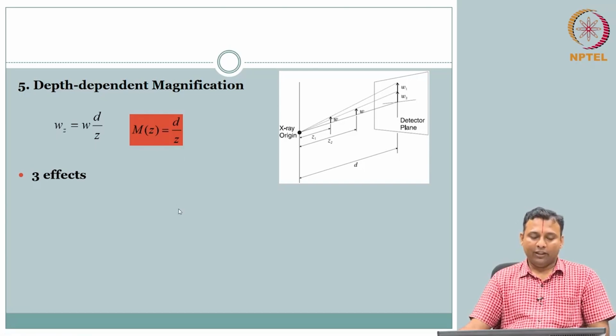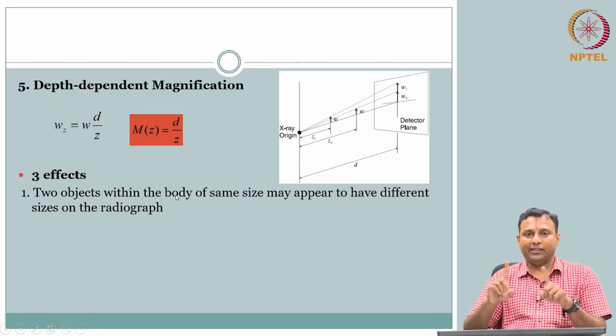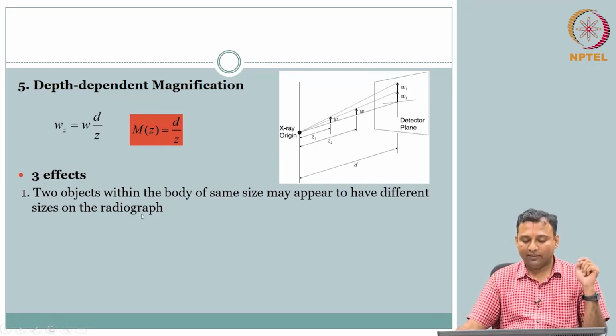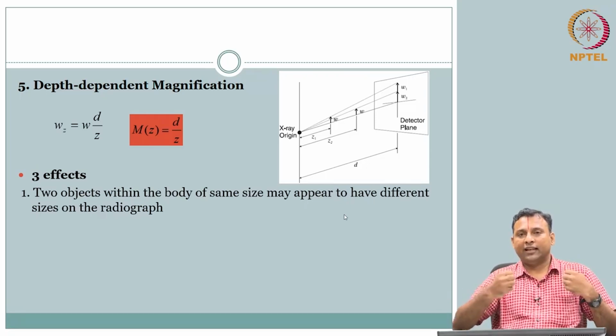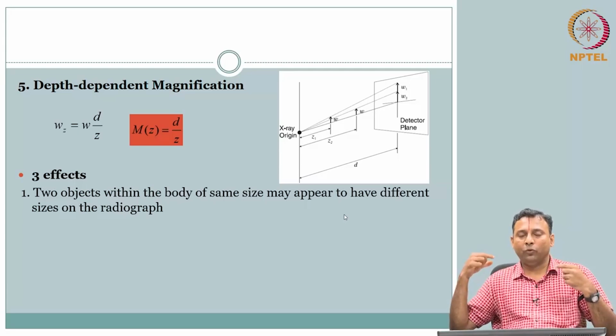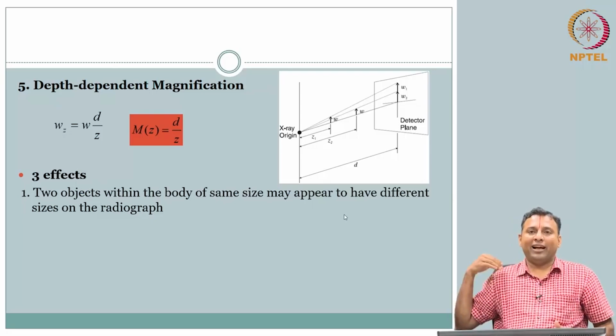One we talked about. Two objects within the body of the same size can appear at different sizes depending on where they are. If you recall our introduction slides in image quality, we had a circle transformed to an ellipse, or two ellipses showing one as a circle. Remember we talked about two effects depending on where they are, front of the body or back of the body, right?